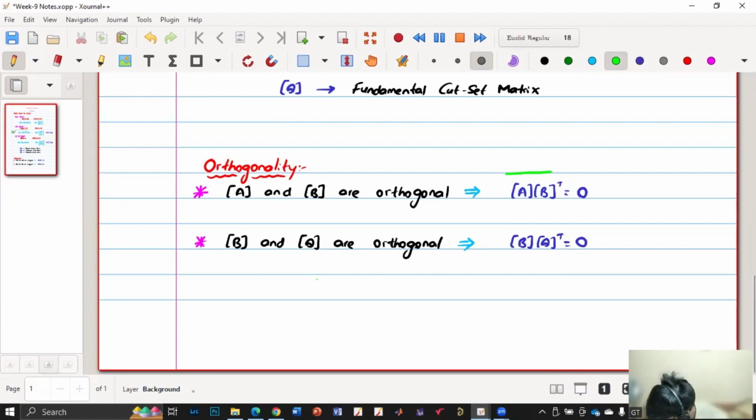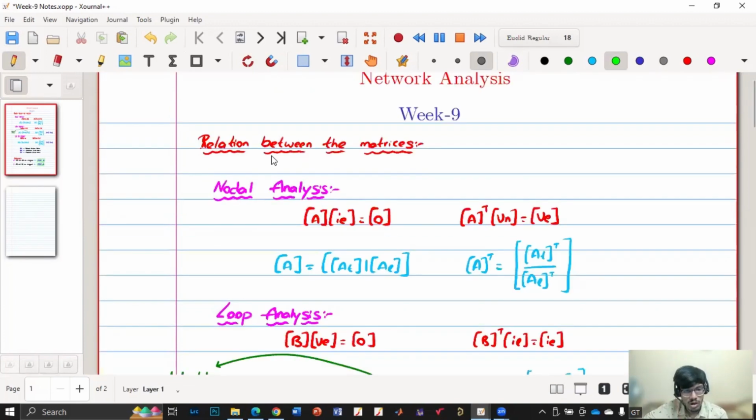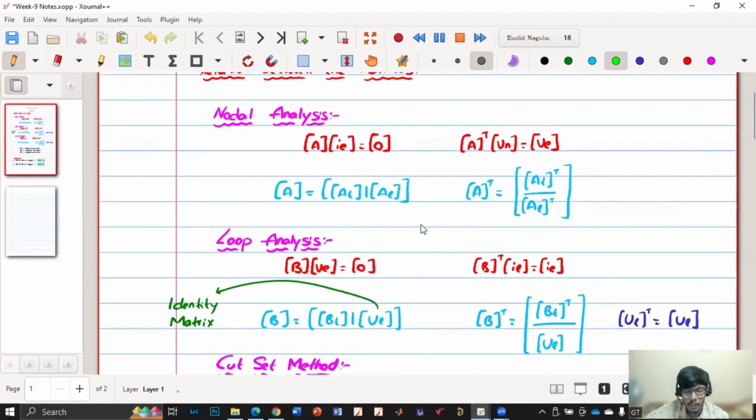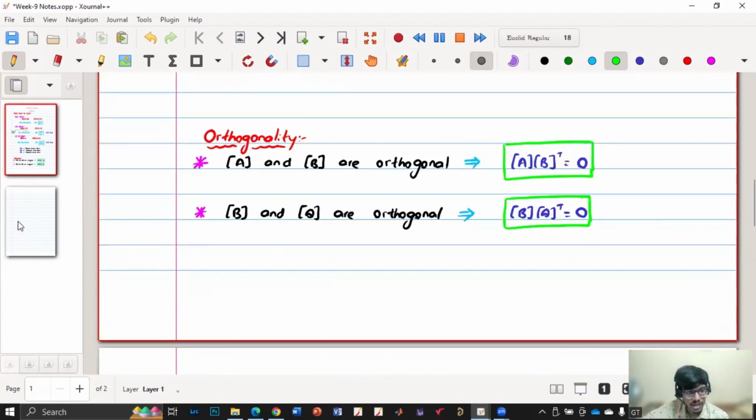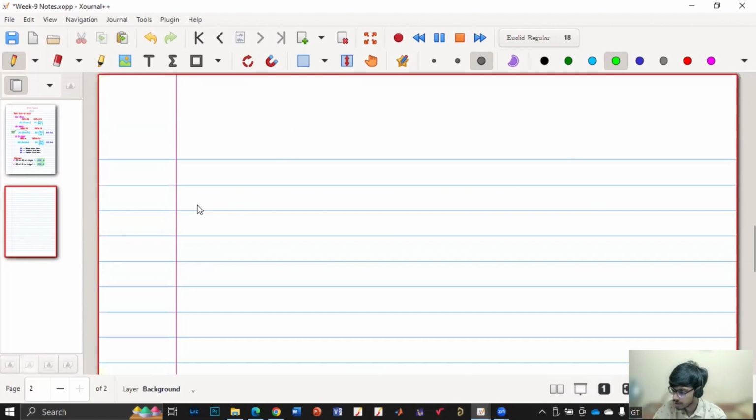So now using this equation, we'll find the relation between A and B. Here also using this equation, we'll be finding the relation between B and Q. So using this new representation of the matrices and these equations, we'll get the relation between AB, BQ as well as AQ.